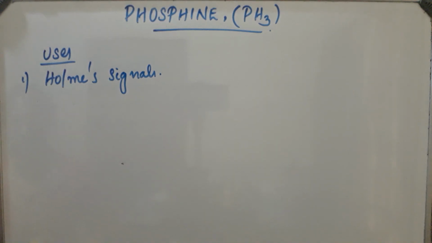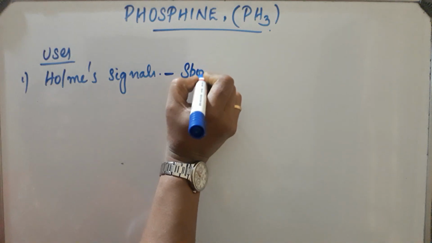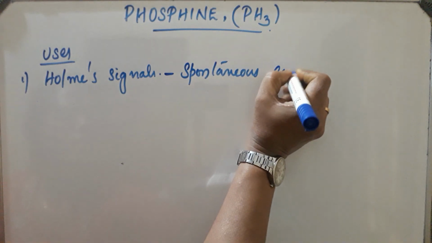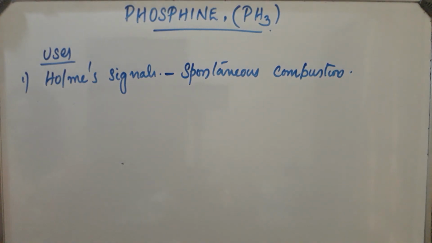Due to the spontaneous combustion of phosphine, it can be used in such signals. Its property is spontaneous combustion. It's highly inflammable, and this property helps in signals.